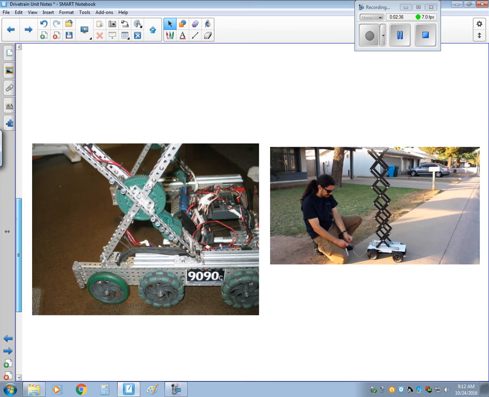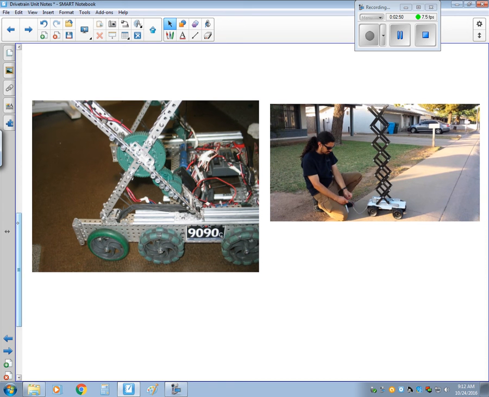Here's another interesting example. This is a scissor lift, and we can do a little bit of math to calculate how much force or how much torque is needed. So in this particular one, we can see that the designers have used a compound gear system here to help lift up this scissor lift.